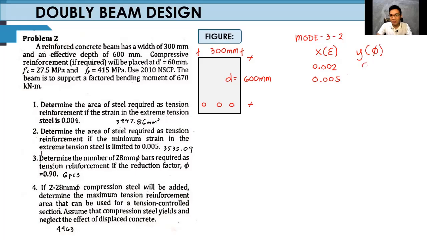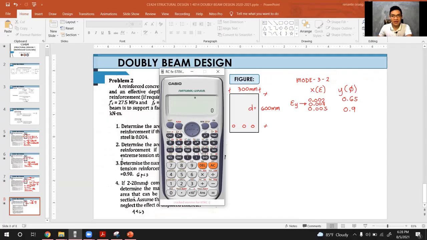Pag 0.002 yung ating epsilon or strain, yung ating phi is 0.65. If 0.005, yung phi natin is 0.9. Yung hinahanap natin is yung epsilon t natin, which is binigay naman sa atin, which is 0.004. So, therefore, we need to find the value of its corresponding na phi.